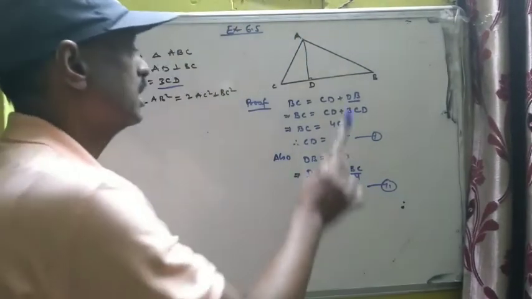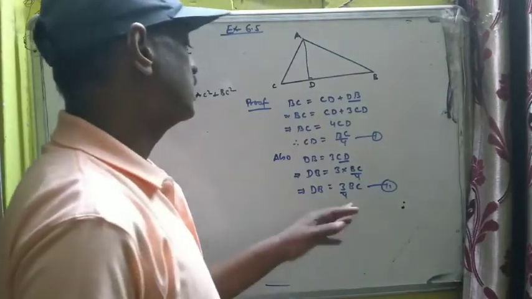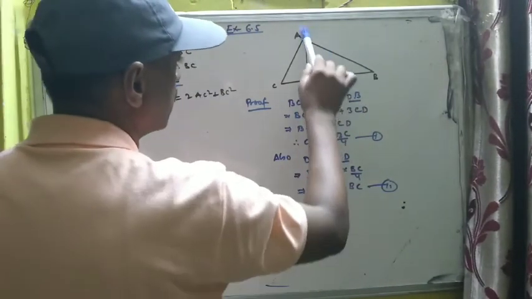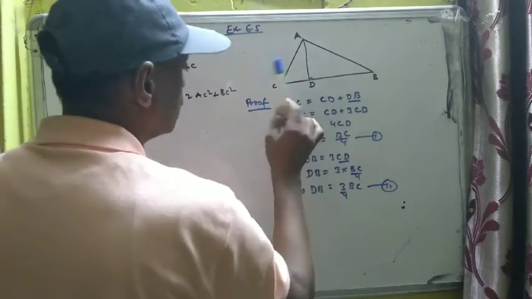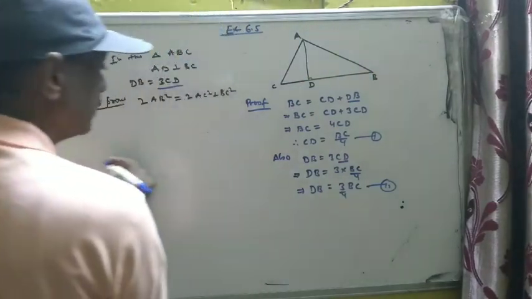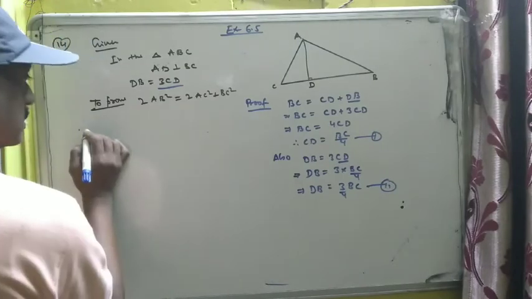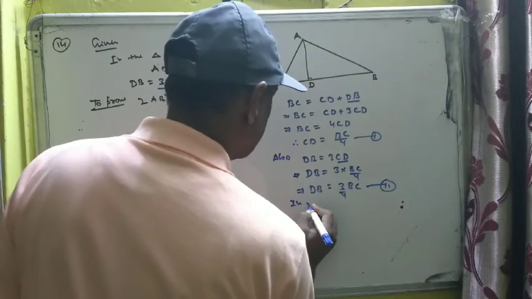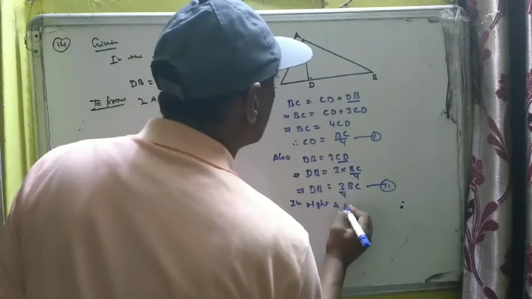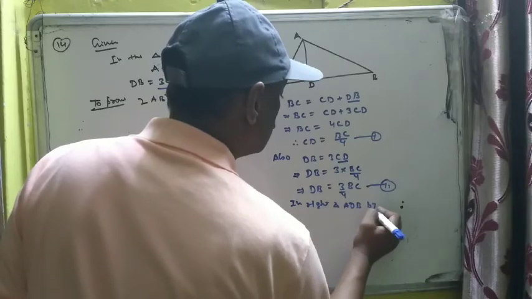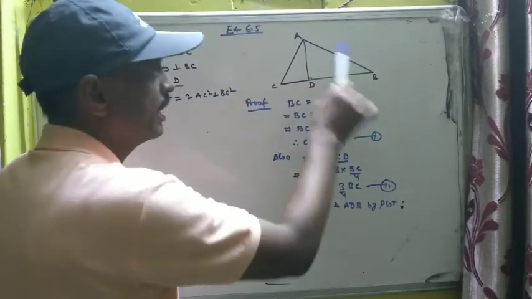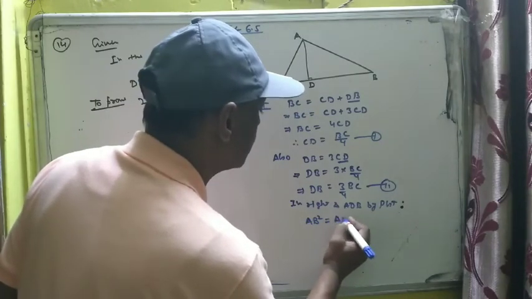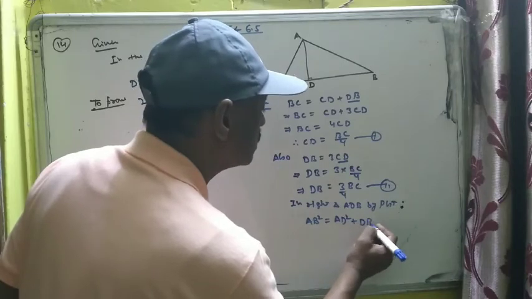Now just see, CD and DB both are in terms of BC. Now come to the right triangles, ADB first and then ADC. So in right triangle ADB, by Pythagoras theorem, we can write AB square equal AD square plus DB square.